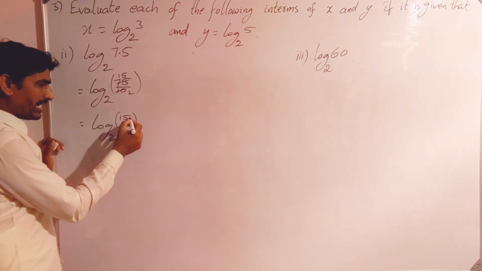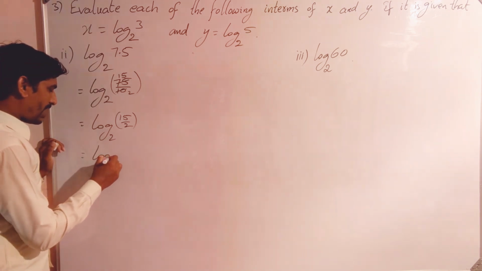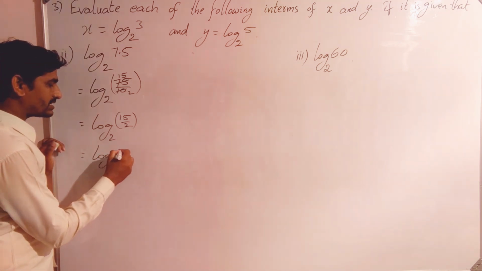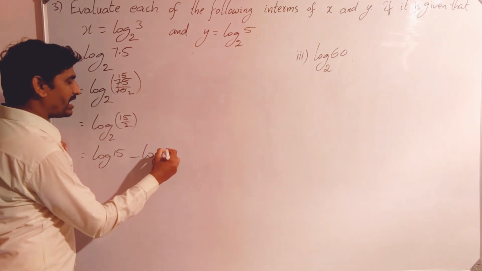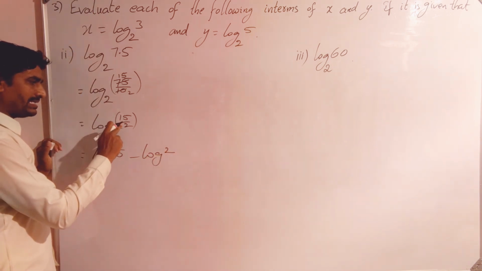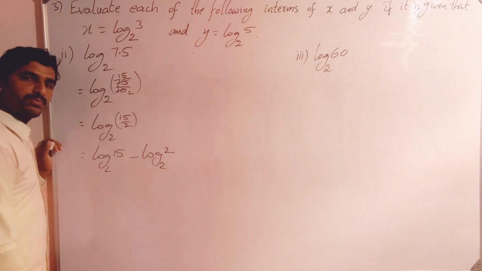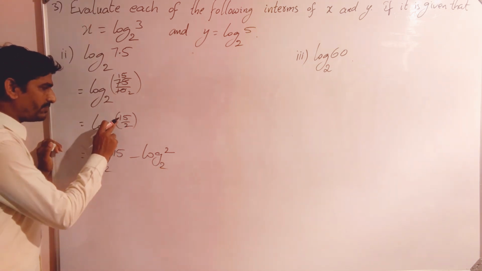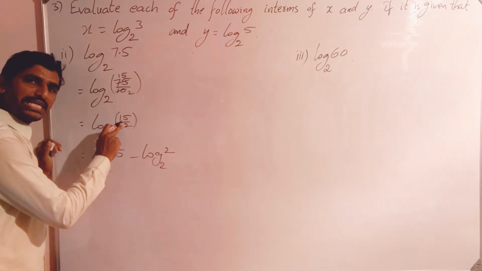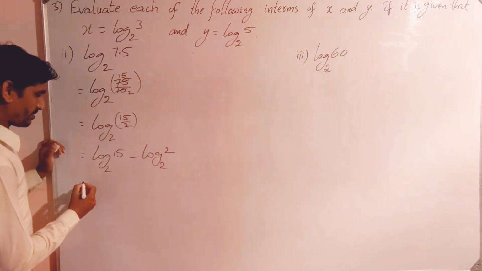Now this is the log x by y formula: logarithm of x minus logarithm of y to the same base 2. So logarithm of 15 to the base 2, division is there, minus logarithm of 2 to the base 2.